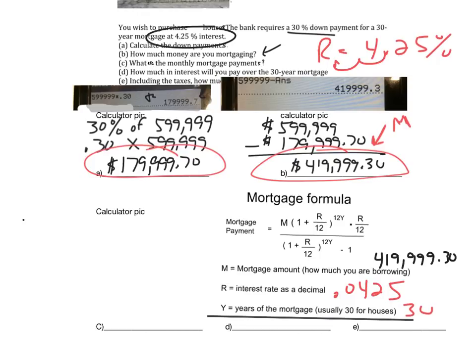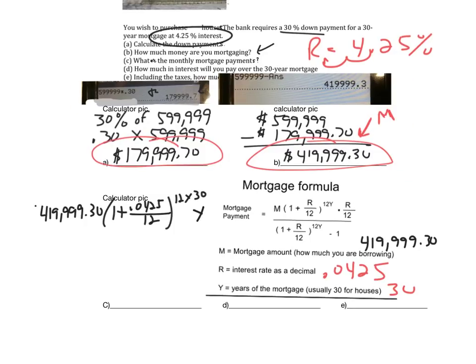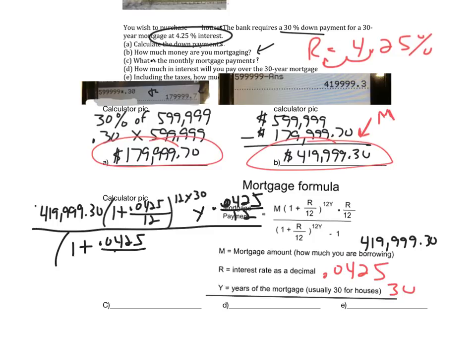So we're going to plug in here our M, so that 419,999.30, parentheses 1 plus R over 12, so 1 plus 0.0425 over 12, raised to the 12 times Y, 12 times 30th power, times another R over 12, so 0.0425 over 12, all over the parentheses again, 1 plus 0.0425 over 12, raised to the 12 times 30th power, and then take away 1.